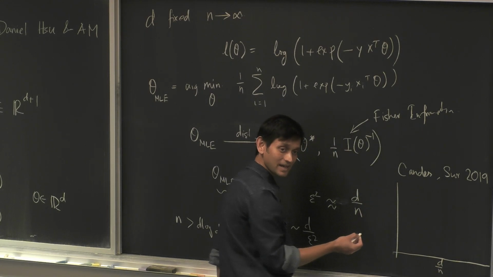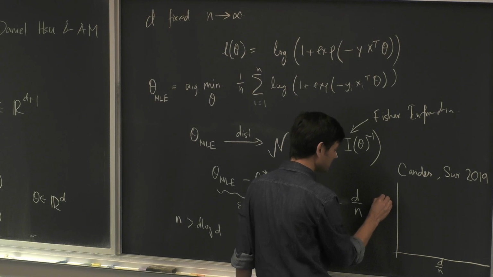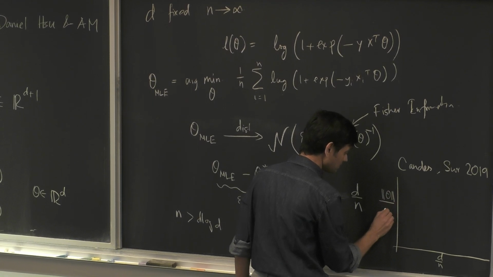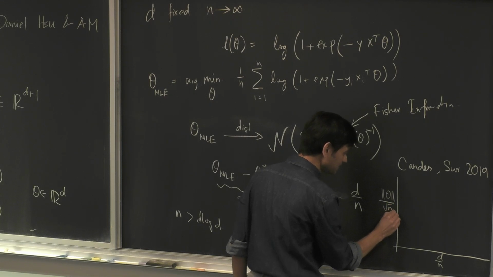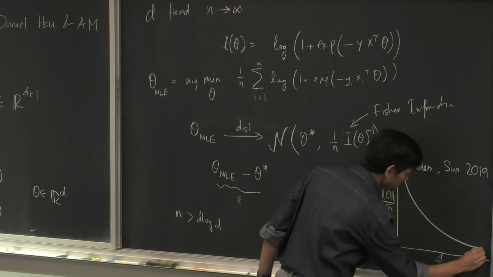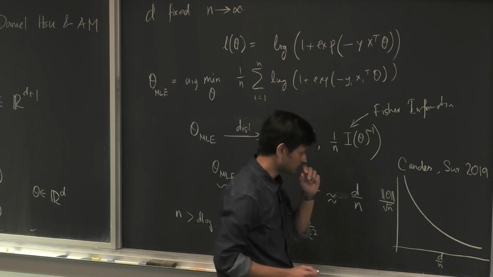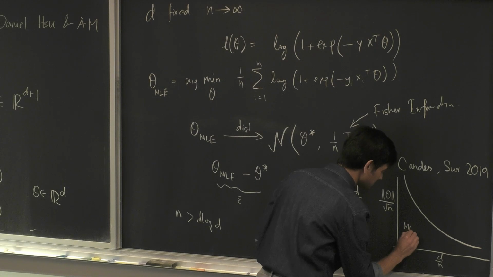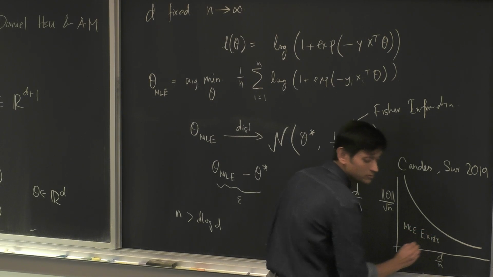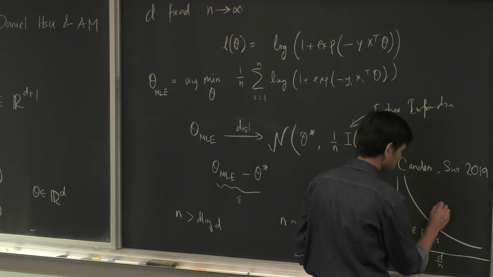And on the other hand, you have something like the norm of the parameter vector theta, normalized properly. They showed that over here the MLE exists and is unique, and here it doesn't.